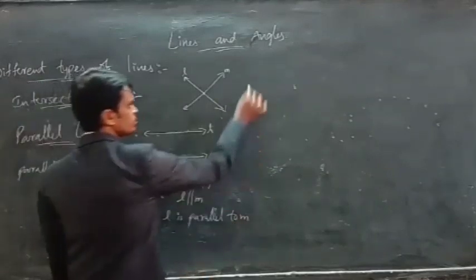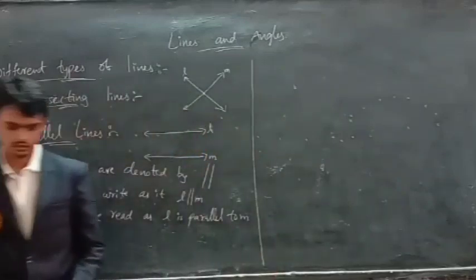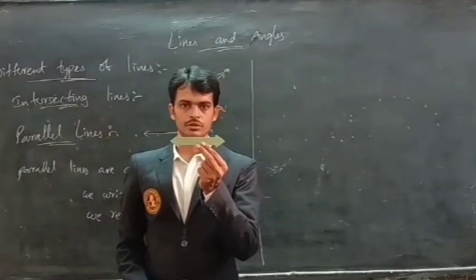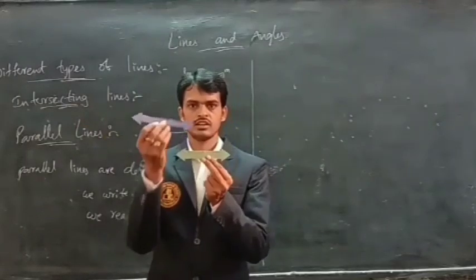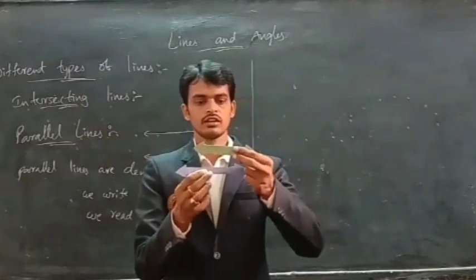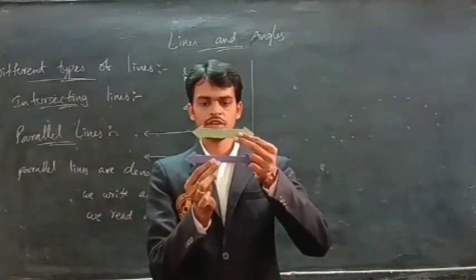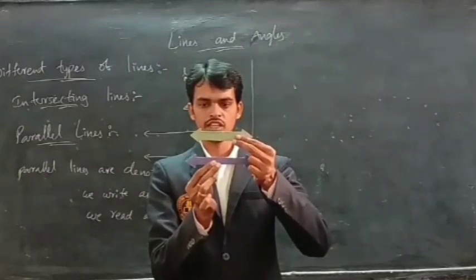Next, look at these two lines. This is one line and this is another line. Do they have any common point? Are they intersecting at any point?